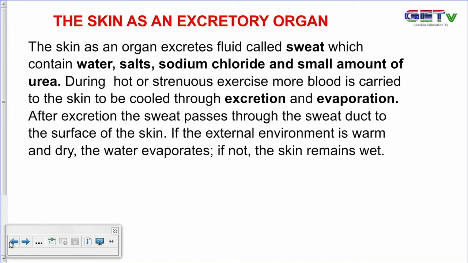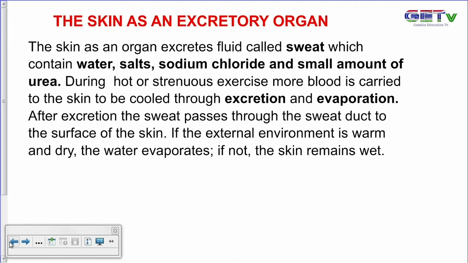For instance, we talk about the skin excreting what? Sweat. And sweat contains a lot of substances. We talk about water, salt, sodium chloride, and also a small amount of what? Urea.